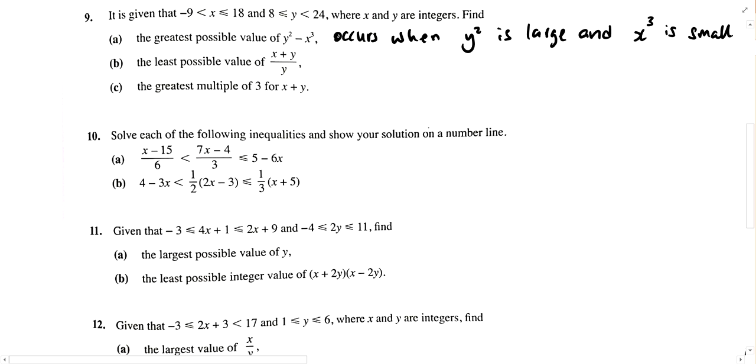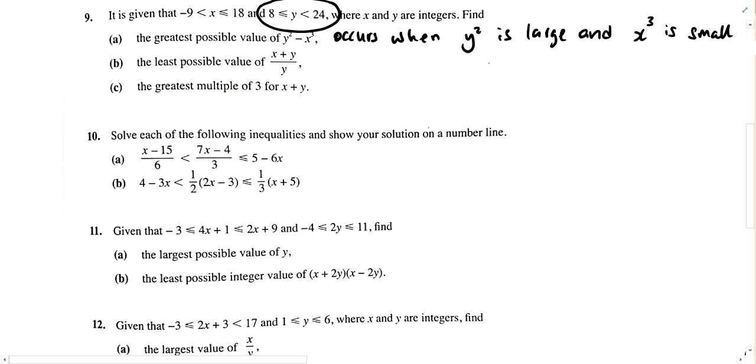We are taking away a number from another number. So the largest possible value happens when y squared is as large as possible and x cubed is as small as possible. Keeping in mind that y over here can only be positive.